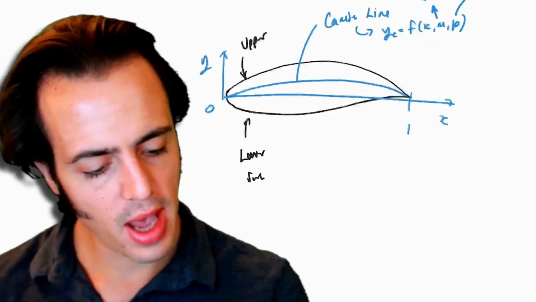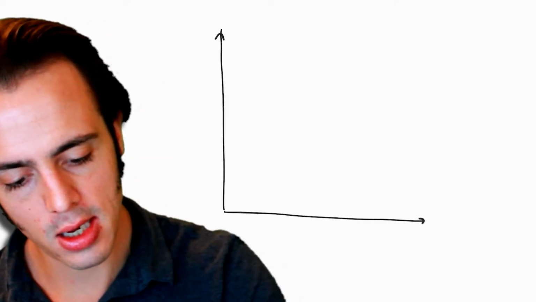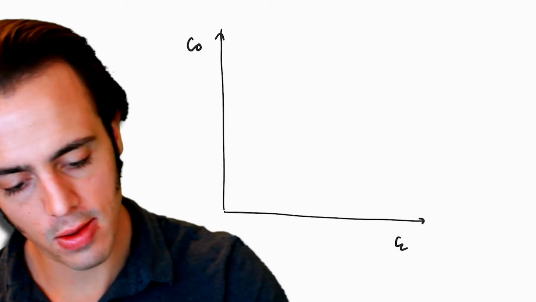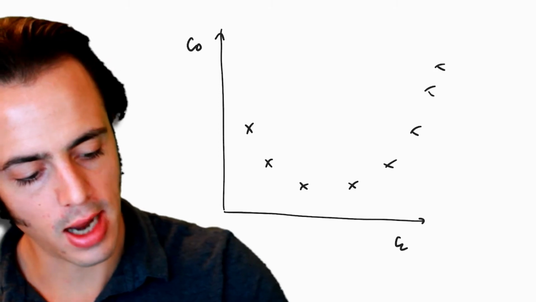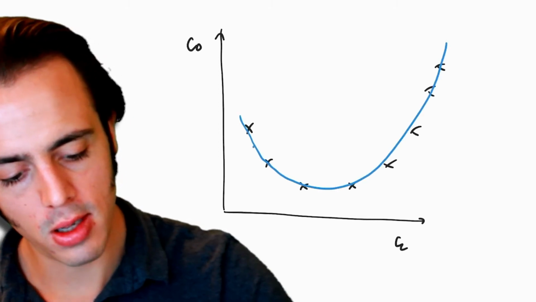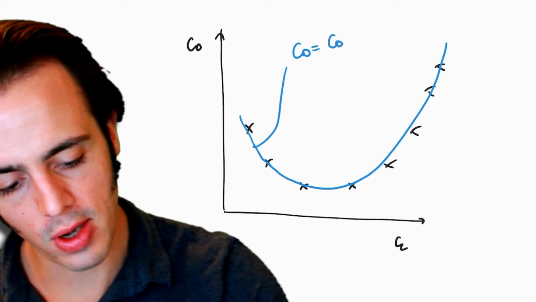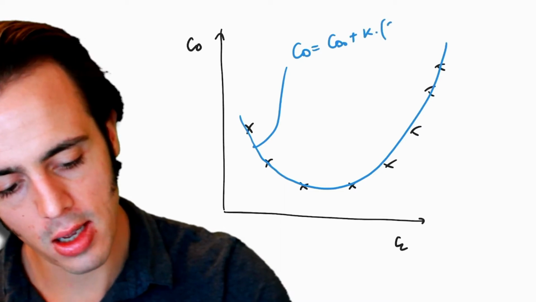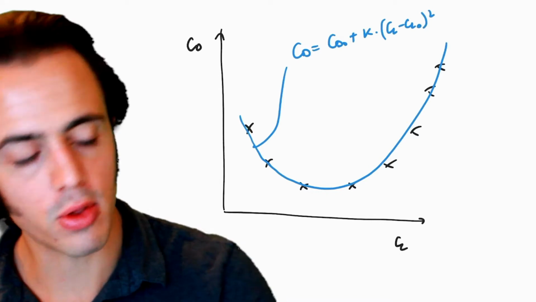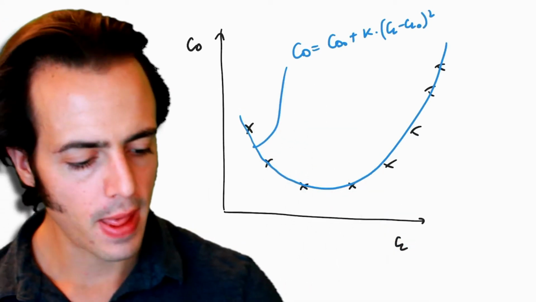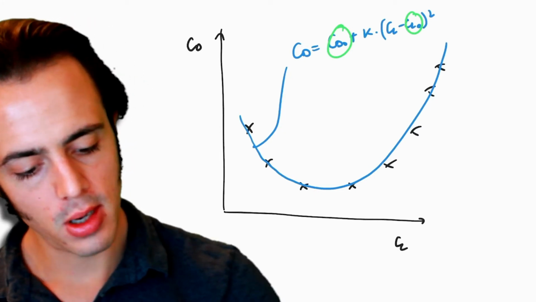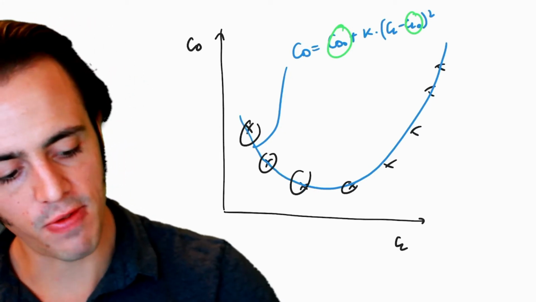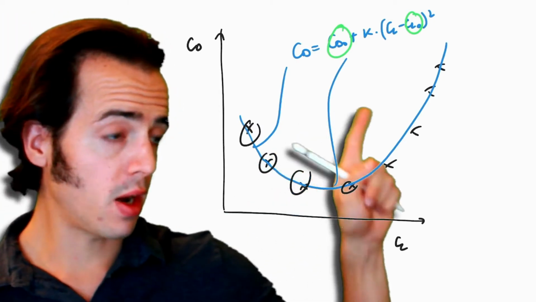When we were doing some plotting a couple of weeks ago, we had CD, CL data to fit, and we said, okay, we know that CD is equal to CD naught plus K times CL minus CL naught, squared, and we did something kind of smart. We did an optimization where we worked out what these two numbers were based upon these data, and then we fitted through that. So we're going to do something smart as well.